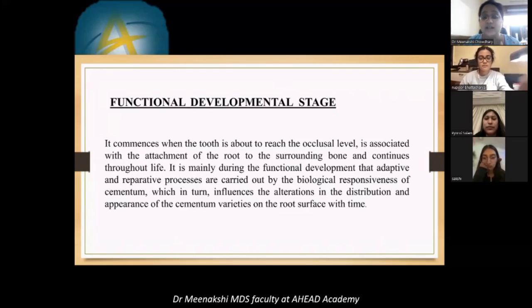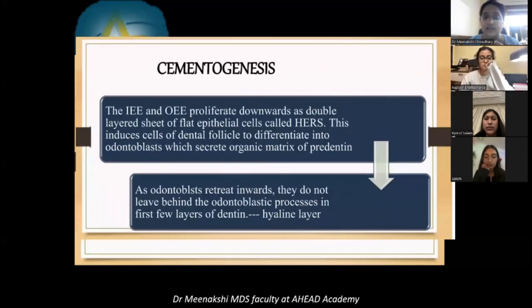So if pressure was more on the anterior surface, what will happen? Cementum resorption started taking place. But once pressure or force was released, what happened? Cementocytes were recruited in that state. So this is the functional aspect.